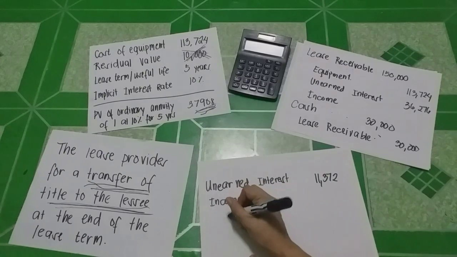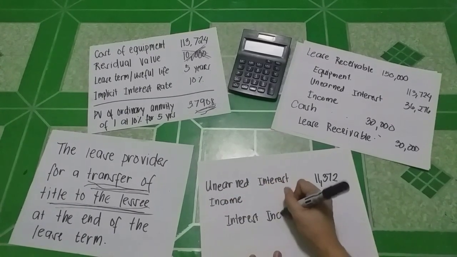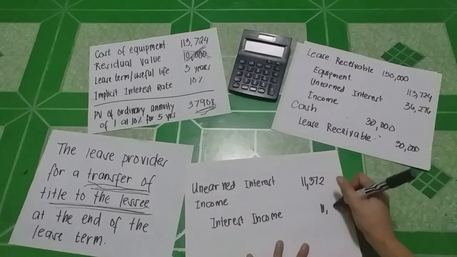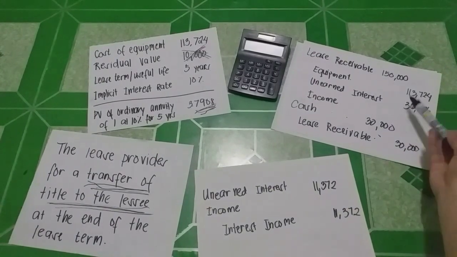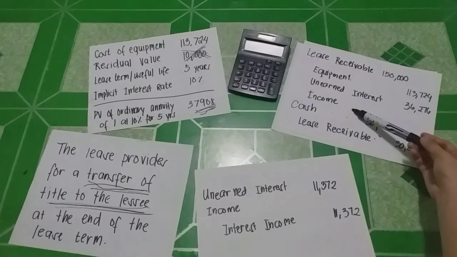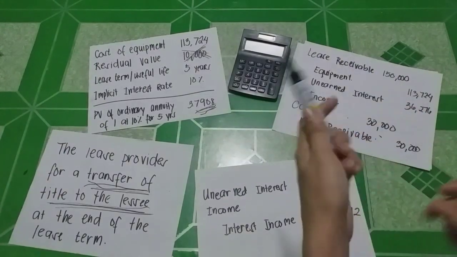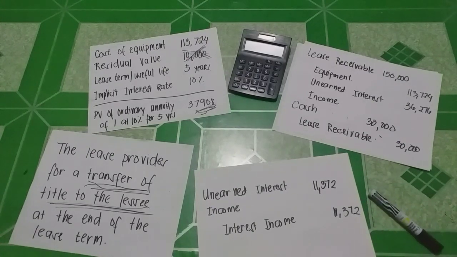And mag-credit ng interest income kasi natanggap mo na siya by this amount, 11,372. Ganun, same lang sila ng way ng pag-journalize. The recognition sa una, annual collection, and then yung mag-journalize for the interest income.